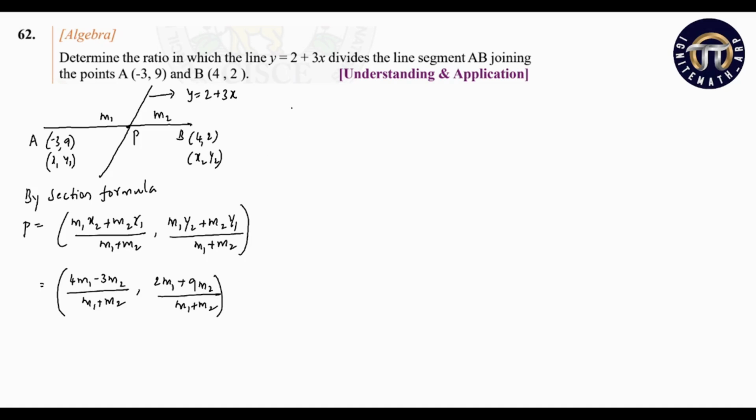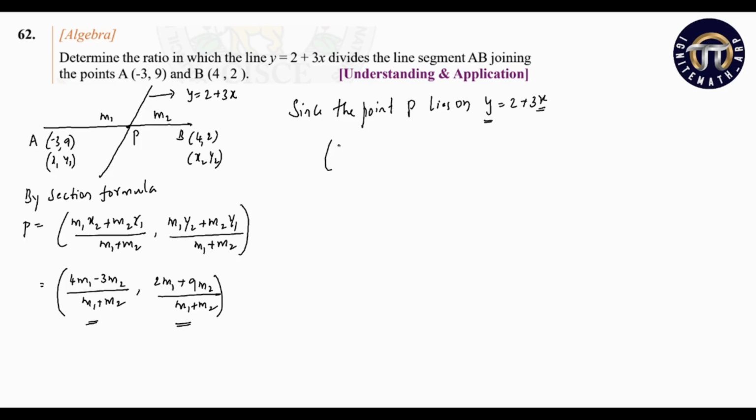Since the point P lies on the line y is equal to 2 plus 3x, in the place of y I'll substitute the y coordinate, and in the place of x I'll substitute the x coordinate.